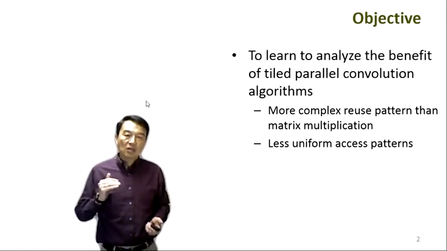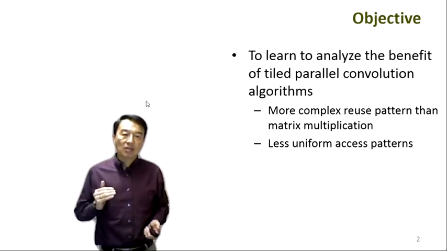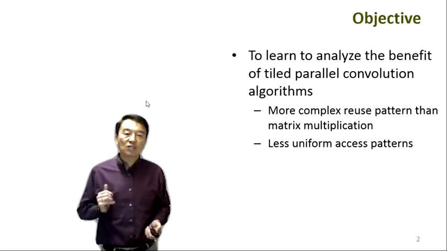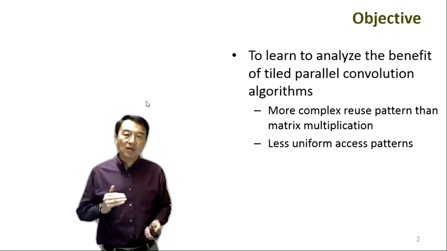But it's also a very important pattern because this type of analysis will be directly applicable to stencil type computation in partial differential equation solvers and so on. So it is a very important foundation for analyzing memory data access benefit of tiled algorithms for many types of computation.